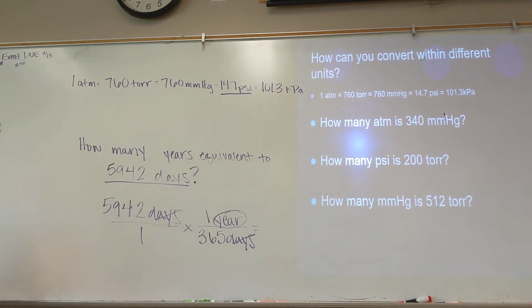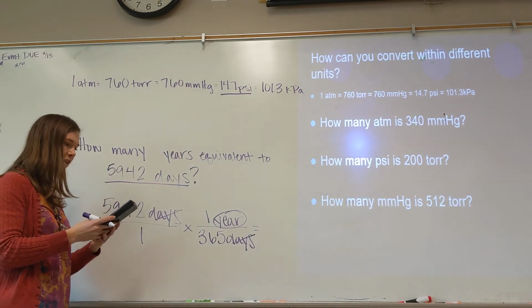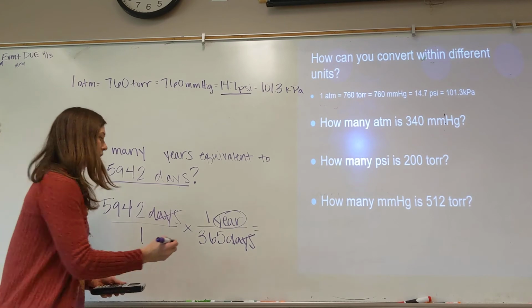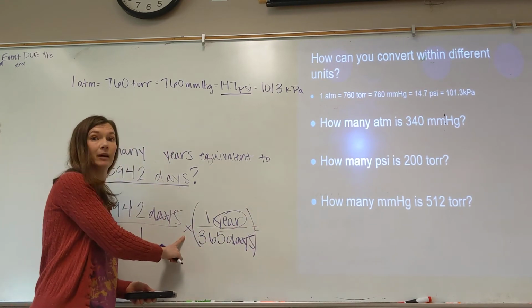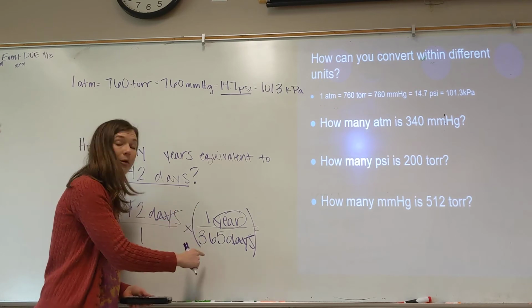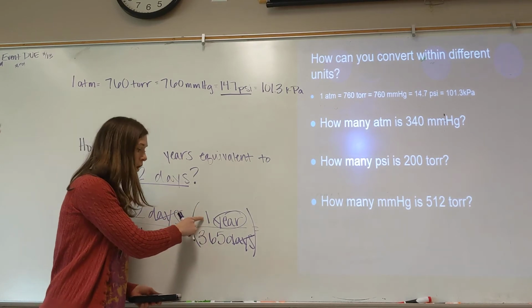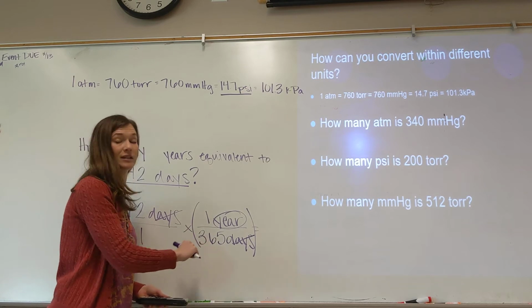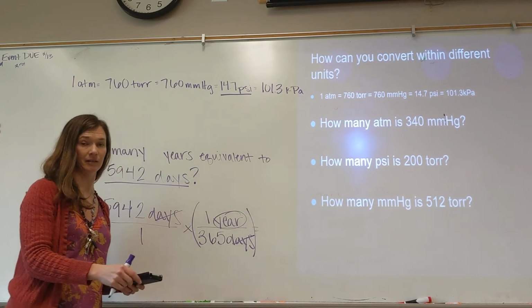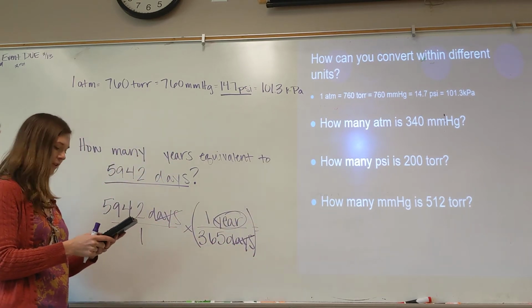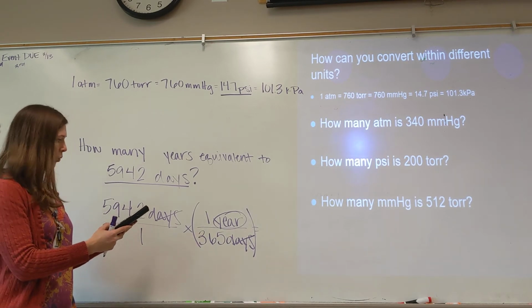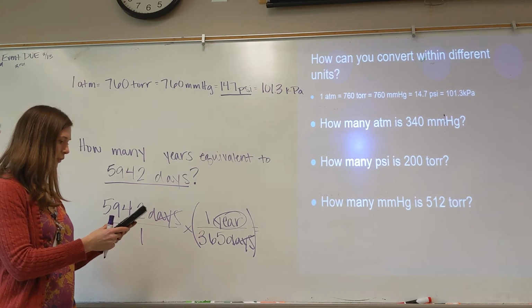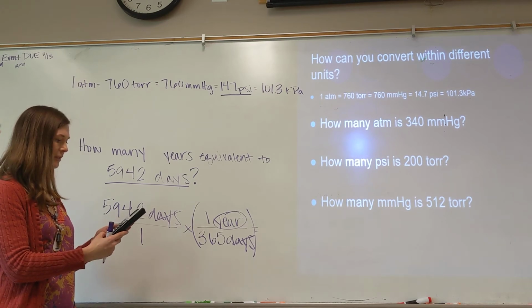I'm going to use my handy dandy calculator to figure that out. When I plug this into my calculator, I put parentheses around this, and I do hit the multiply button. So I do 5,942 multiply, parentheses, 1 divided by 365, close parentheses.